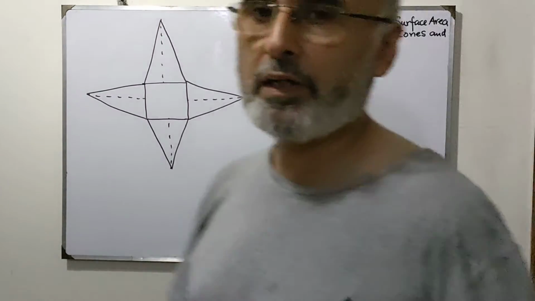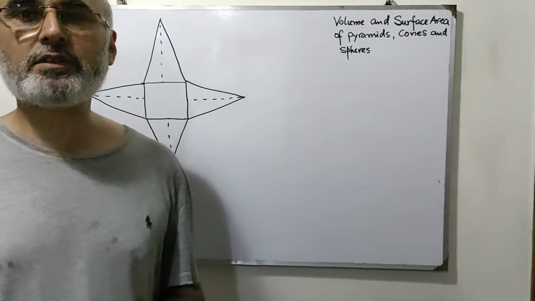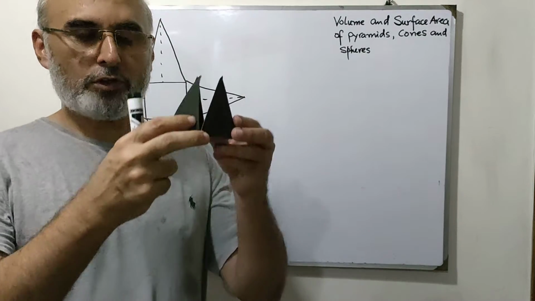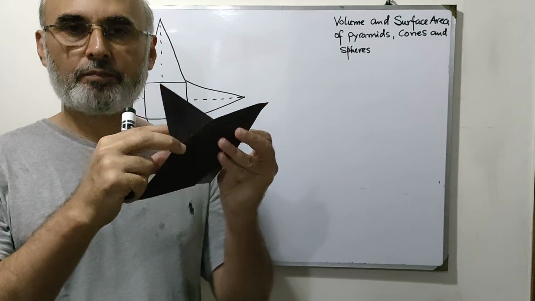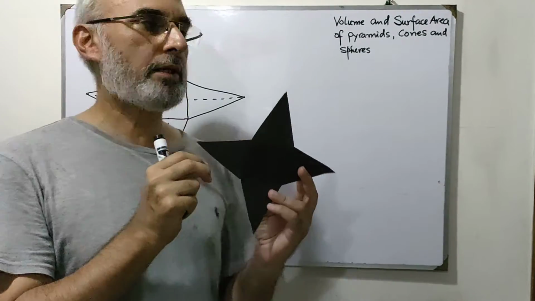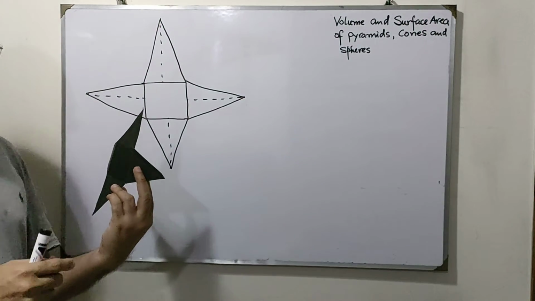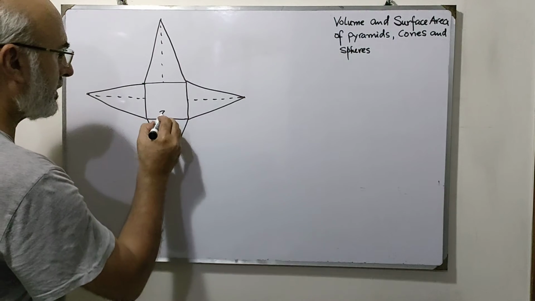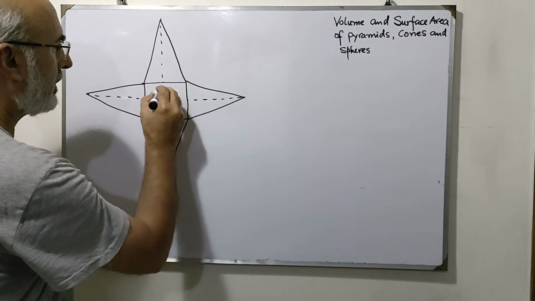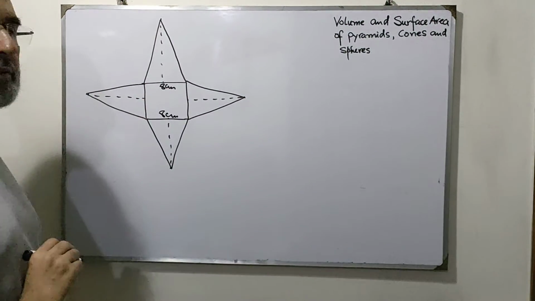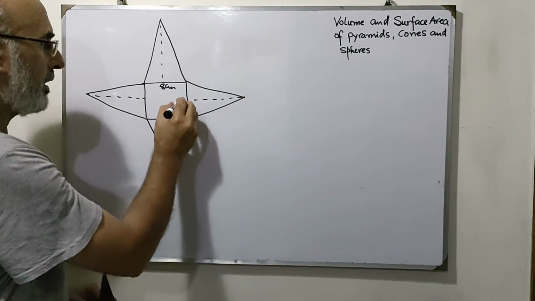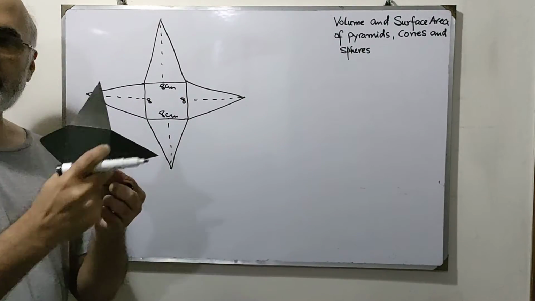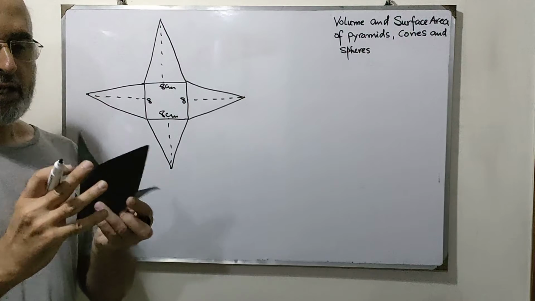Now, to calculate the total surface area of a pyramid, we're going to open this pyramid. So we're going to have a shape like this. We have a base. In the previous case, the base was 8 centimeter, 8 centimeter. So this is the same base. We have opened it up.